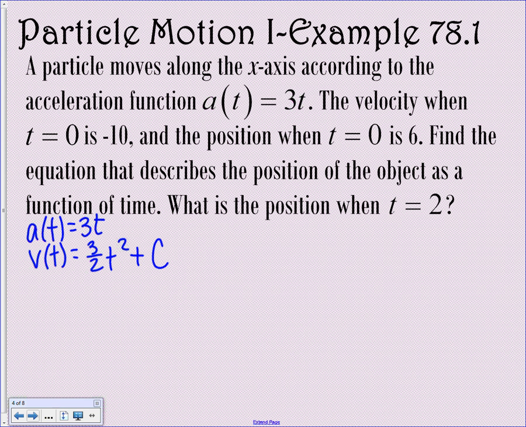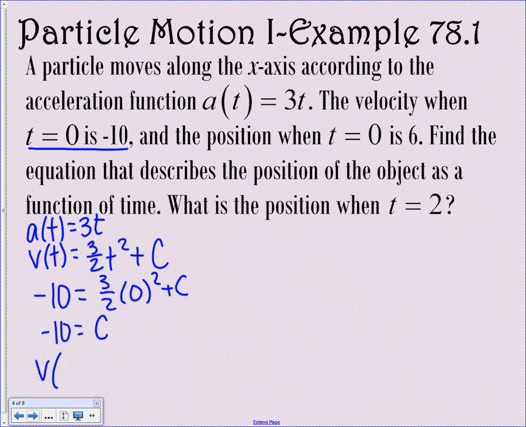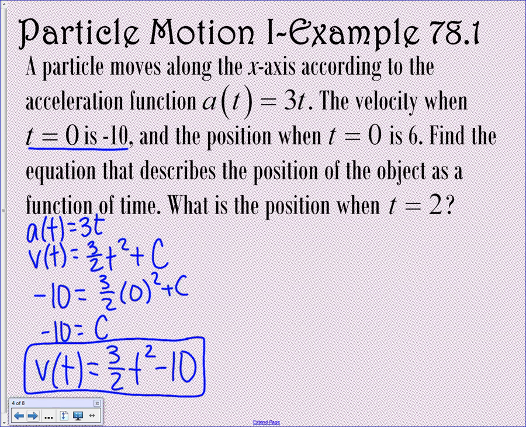Now, when the time is 0, our velocity is -10. That's what they told us right here. So when we plug in a 0 for our t, we end up with a -10. So that means that our c is actually a -10. So this would be our velocity function, 3/2 t squared minus 10. And I'm going to box it just so that we can see it easily later.